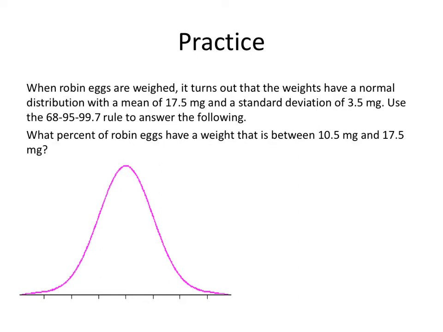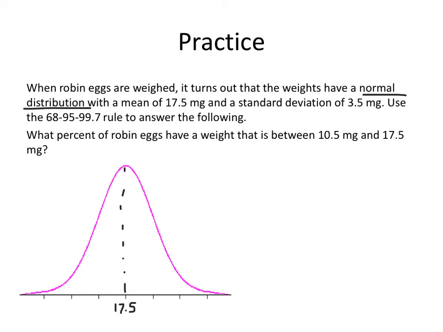Okay, so there's a lot of information there, but it tells me that they have a normal distribution. So that's the key words that we're looking for to know that we can use this bell curve. We know that the mean is in the center, and our mean is 17.5. So I'm going to label that and draw my line. And that is not straight, but you get the idea.